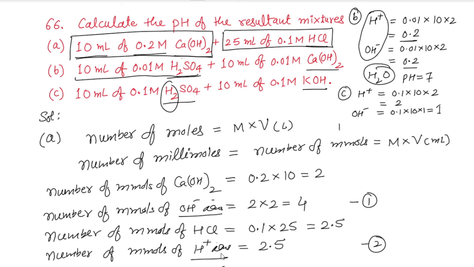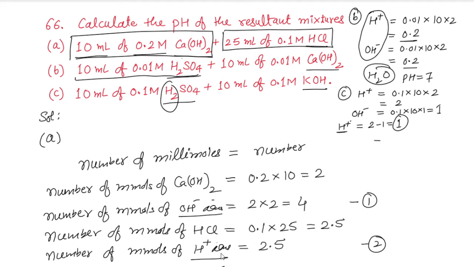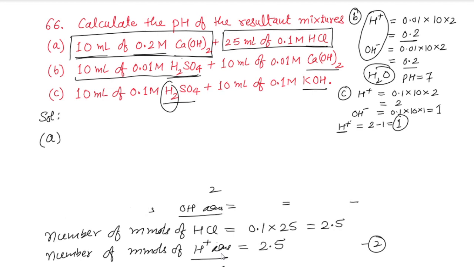That means H plus ions are in excess. 2 minus 1 means the number of millimoles of H plus ions is 1.